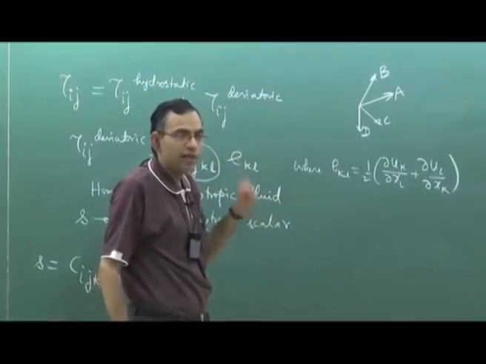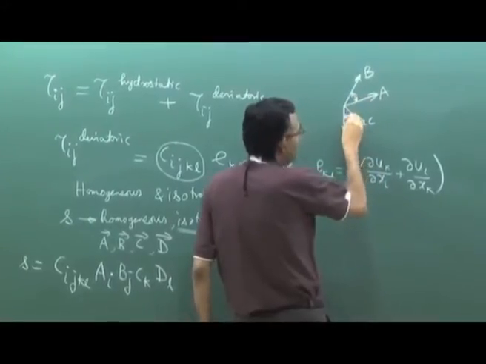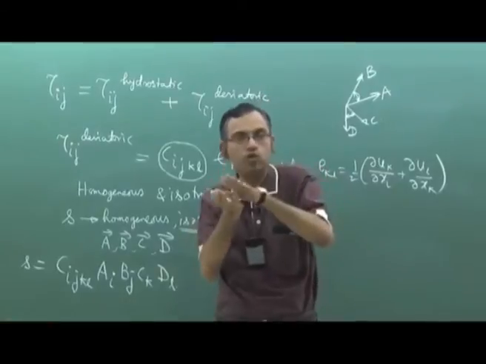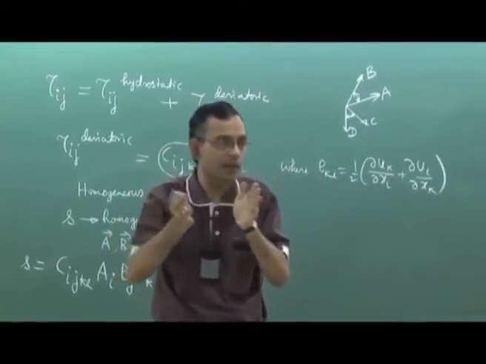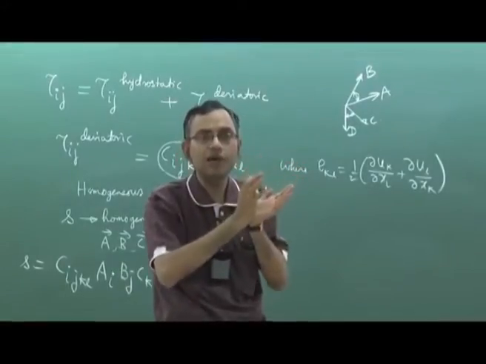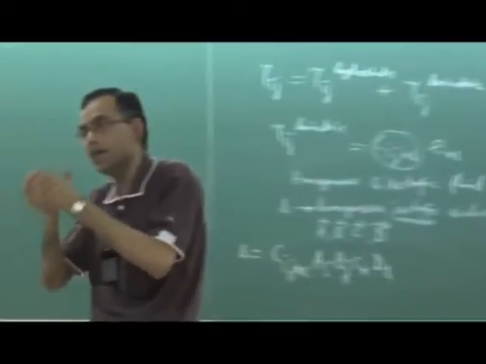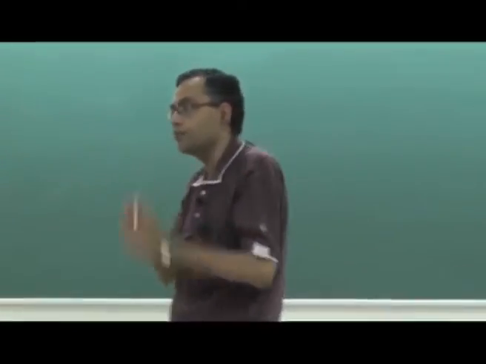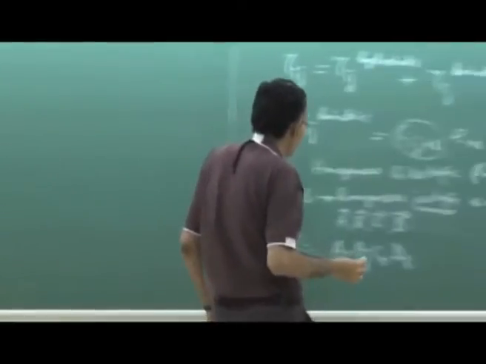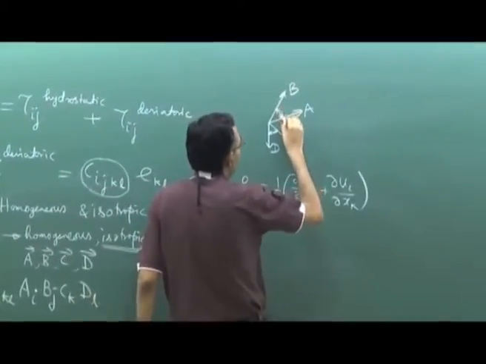That means the property will depend on the angle between the respective vectors, which is preserved during rotation, but not the absolute orientation of the vectors A, B, C, D, because rotation preserves the relative angular position. Whatever was the angle between A and B before rotation, the same will be the angle between A and B after rotation. So this will depend only on the angle between A and B.